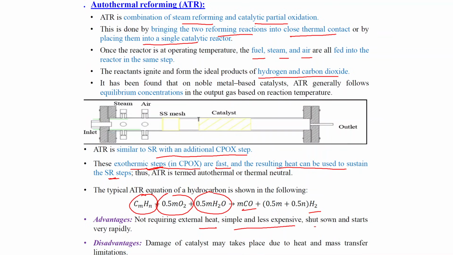It is simple, less expensive, and starts very rapidly. The disadvantage is that the catalyst may be damaged if overheating of the reaction takes place, or due to heat and mass transfer limitations. So we need to take care of that and control the temperature accordingly.